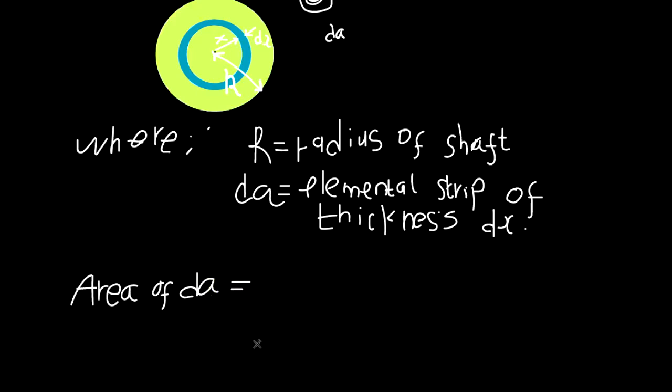The area of that small elemental strip will be 2 pi x dx.